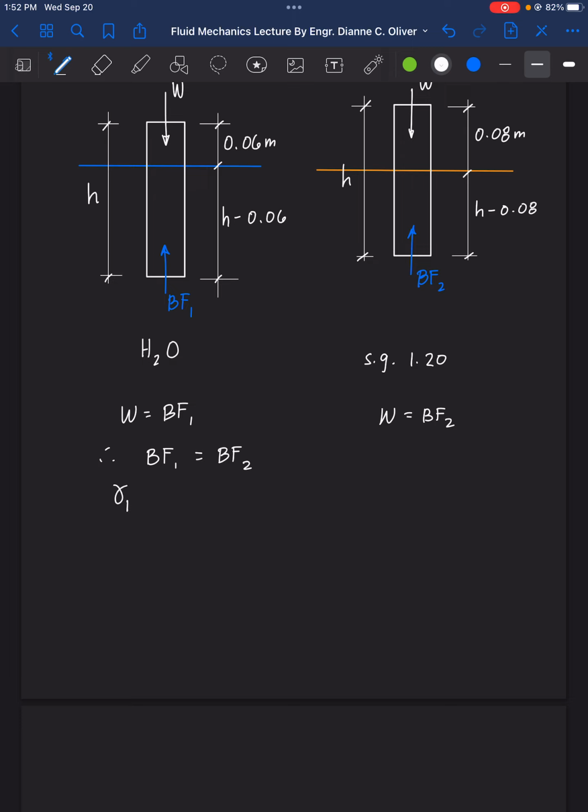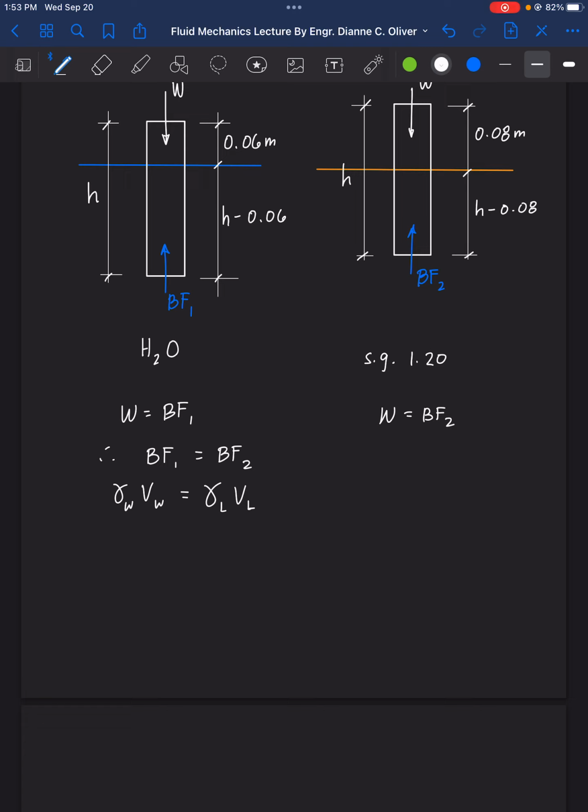Gamma of water times the submerged volume in the water equals the buoyant force in the liquid, gamma L times the submerged volume in the liquid.